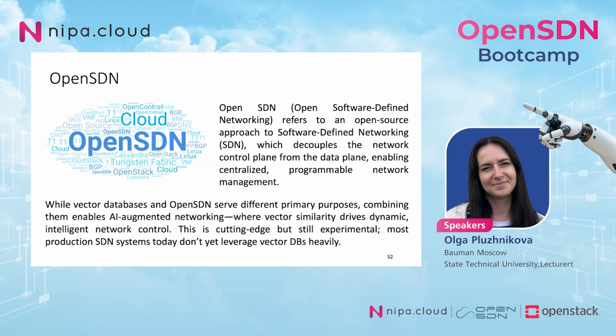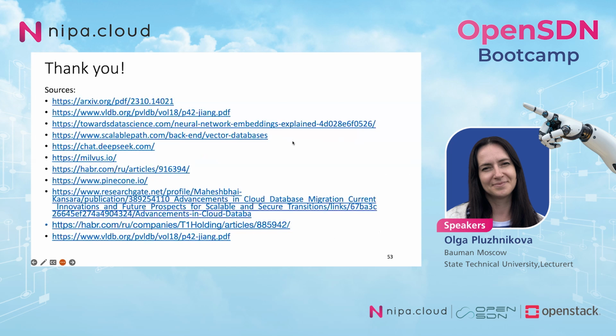This is cutting edge, but still experimental. Most production SDN systems today don't yet leverage vector databases heavily, but I think it's our future. But OpenSDN is the main theme of this conference, so other guys can talk deeply about this. Thank you, and if you have any questions, please.